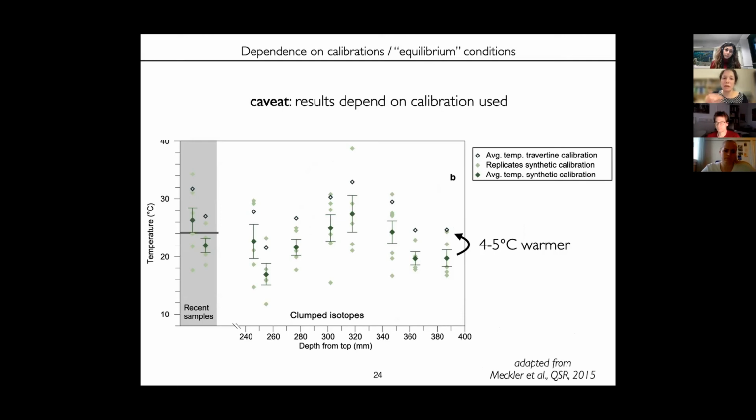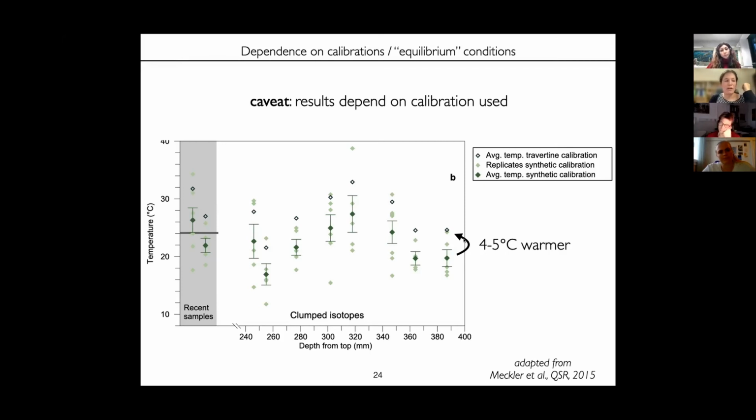But if we had used a more normal calibration, like the ones that I just showed you that agree with forams and other biogenic carbonates, the temperatures would have been 4 or 5 degrees warmer. So in disequilibrium. And because of that, it seems almost like we might need a separate calibration for speleothems.